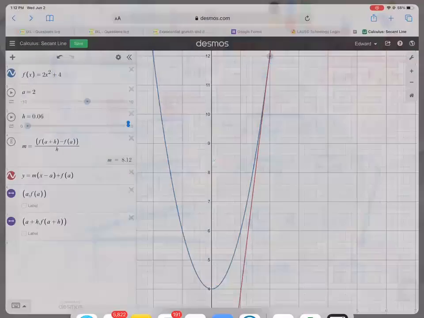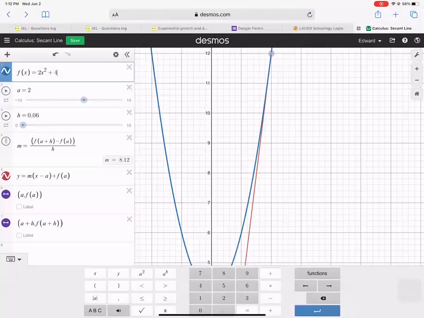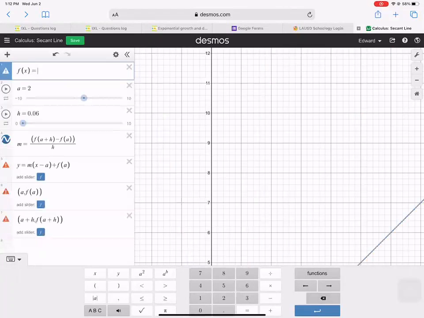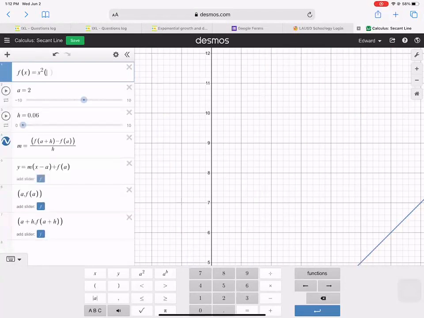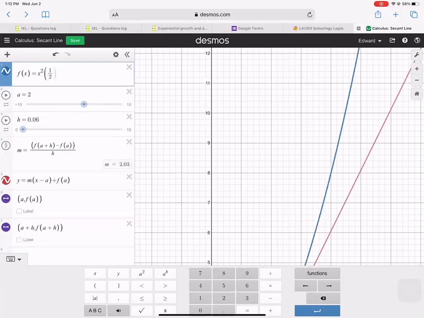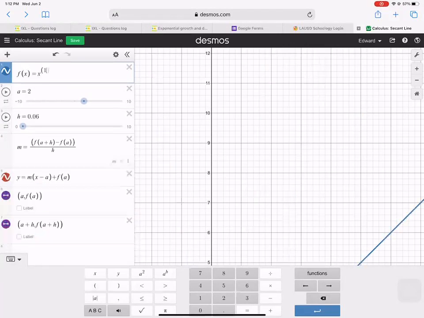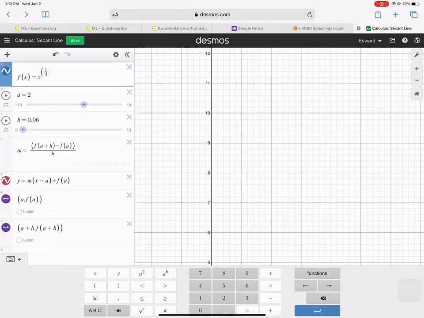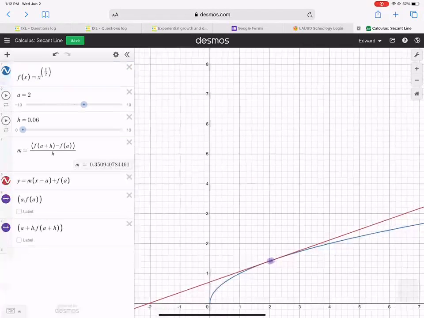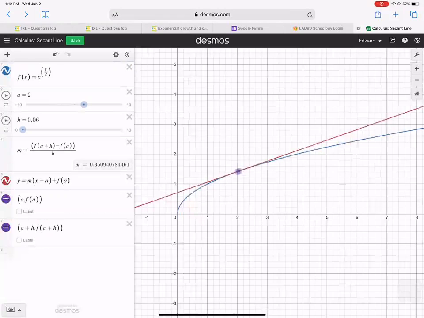Let's go and take a look at the graph. If I change the graph to become x to the 1/2 power, okay, that's my graph. And we have our tangent line that's really close.